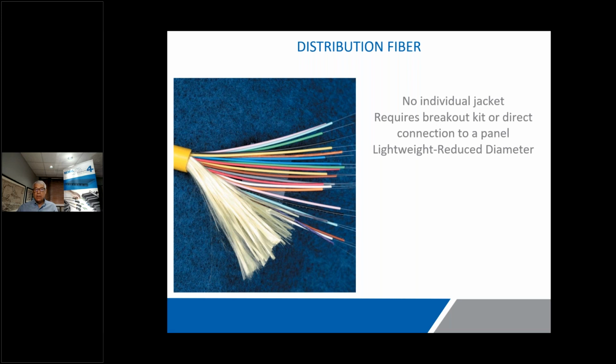The disadvantage is that you need to terminate this fiber in a protected environment, either a splice enclosure or inside of a panel somewhere. It's never going to move, because 900 microns is not a very durable configuration of the product. So we have two choices.